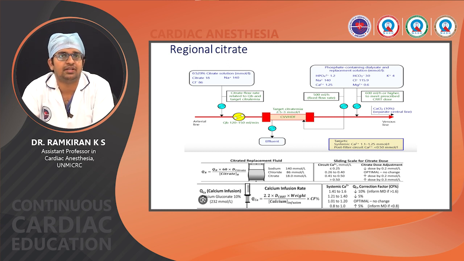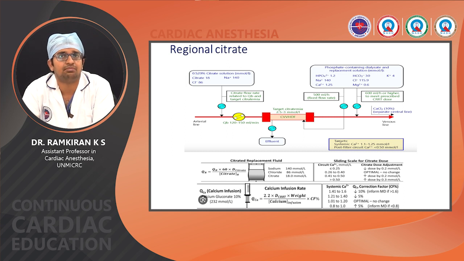And what should be the target citrate levels at the filter? We are giving around 18 millimoles, and the target citremia should be around 2 to 3 millimoles per liter. Once it passes out, since the blood is now going into the patient, you have to supplement some amount of calcium.